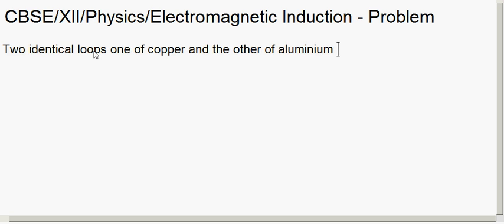are rotated with same angular speed in the same magnetic field.